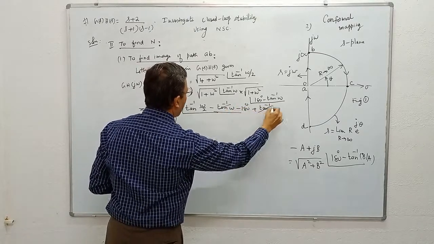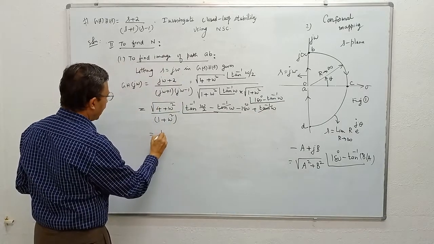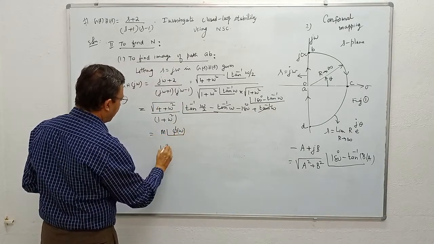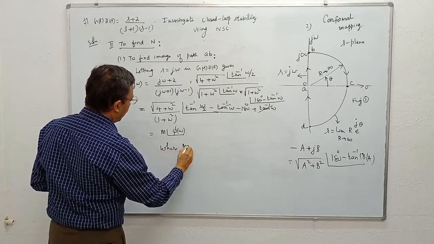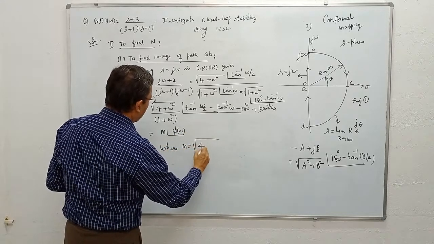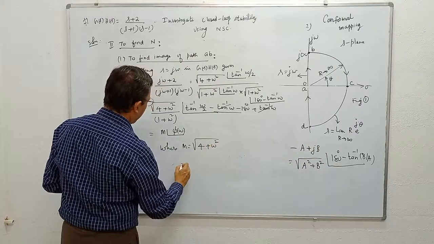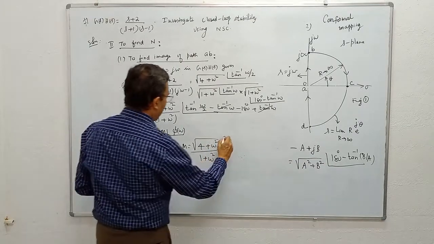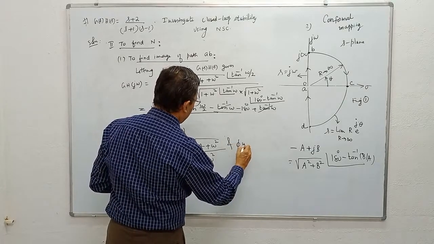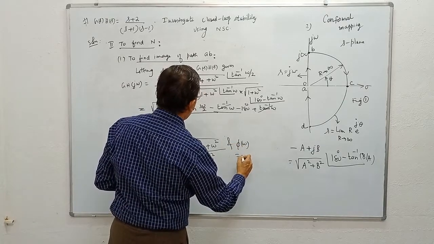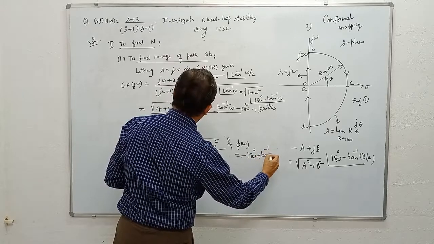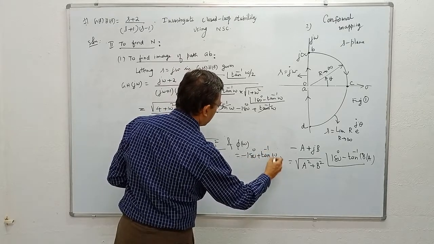Tan inverse of omega cancels. So this is like M at an angle phi of omega, where M is equal to square root of 4 plus omega square divided by 1 plus omega square, and phi of omega is equal to minus 180 degrees plus tan inverse of omega by 2.